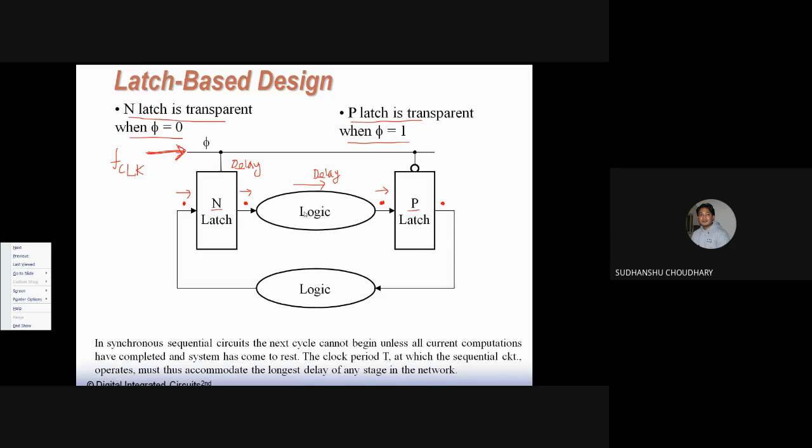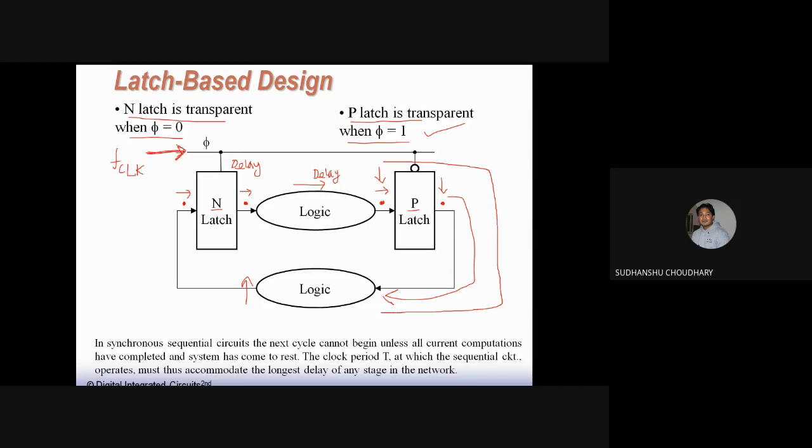Now when the next cycle comes, that is when clock is 1, this data which is appearing over here at this point has to come out over here, and then this data has to be supplied to this logic, and then this logic has to process this data, and finally this processed data has to come over here, right? That is this much operation from here to here.